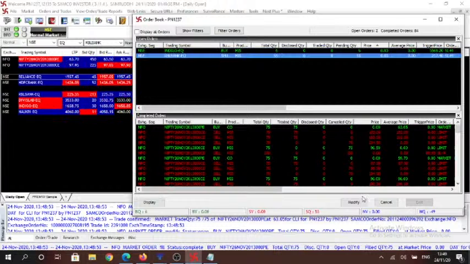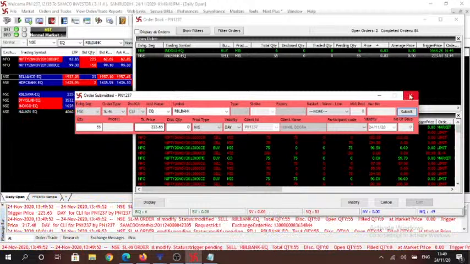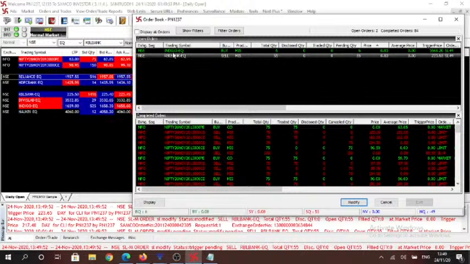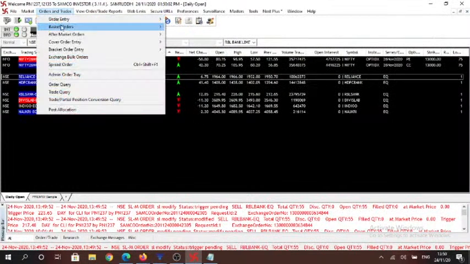223.65. So we have modified our stop loss for RBL Bank. Aurobindo Pharma is at 1 week highs right now.